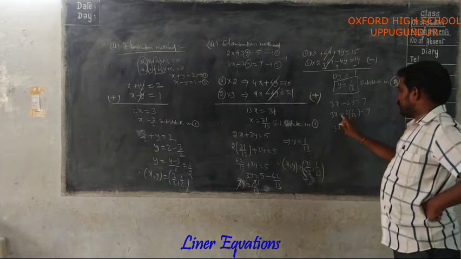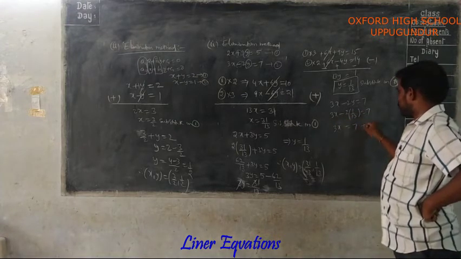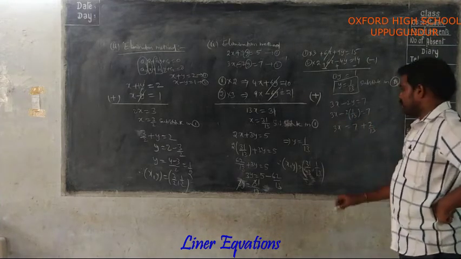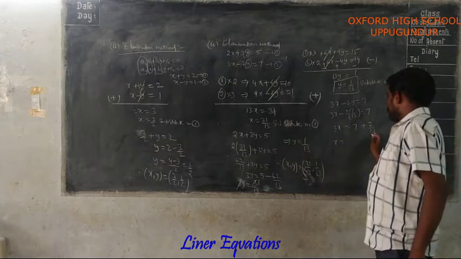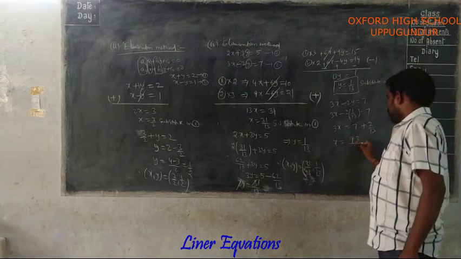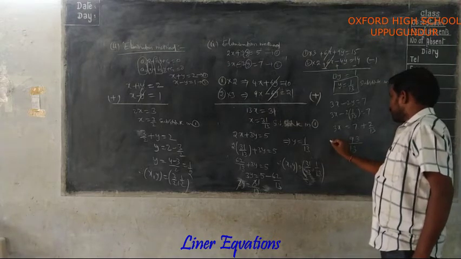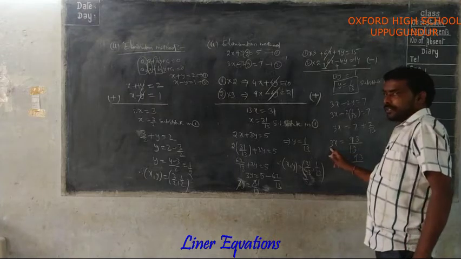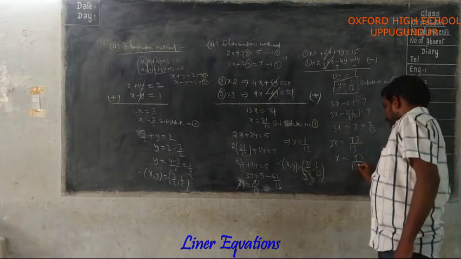3x equal to, transposing this to the other side, 7 plus 2 into 1 by 13, 2 by 13. 3x equal to 13 sevens 91 plus 2, 93 by 13. Transposing 3 to this side, it becomes divided: 13 into 3.